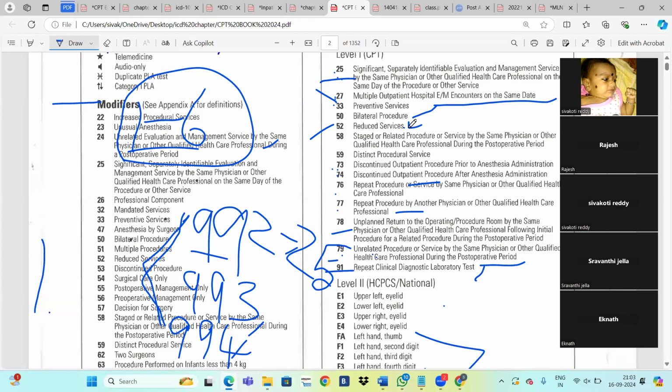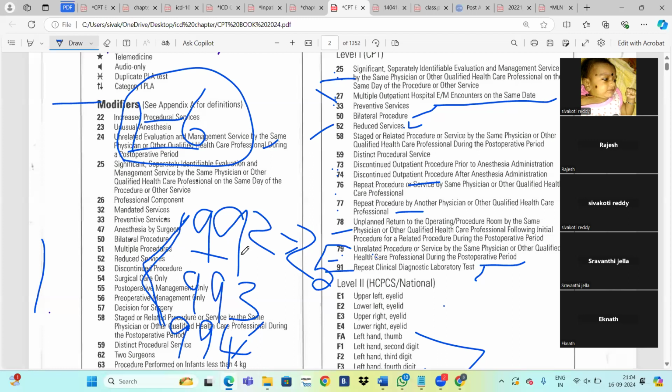Suppose the tonsillectomy procedure was bilateral, but they did a unilateral tonsillectomy. If you add the CPT, they will get complete payment for the complete description of the CPT. So at that time, what do you need to do? You need to add the 52 modifier for unilateral. Reduced service, they did one side. For a bilateral service procedure done unilaterally, you add 52, reduced service.